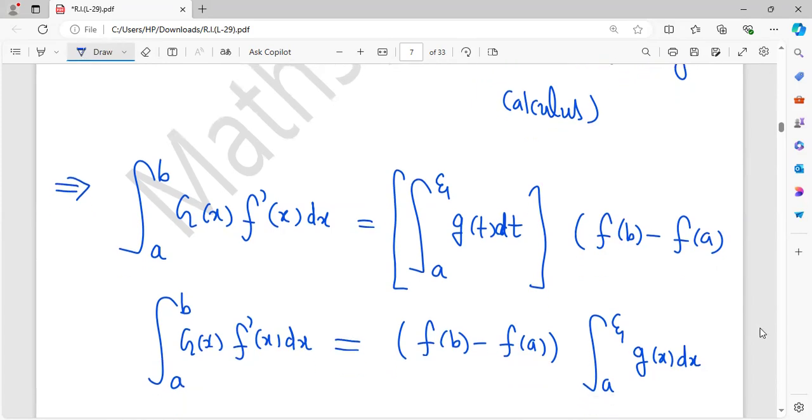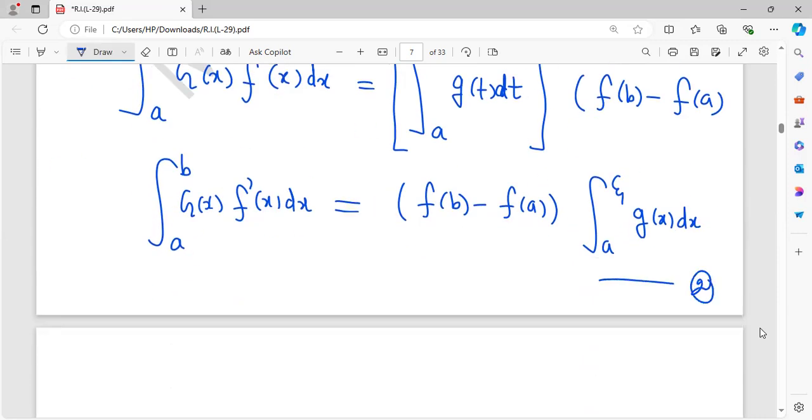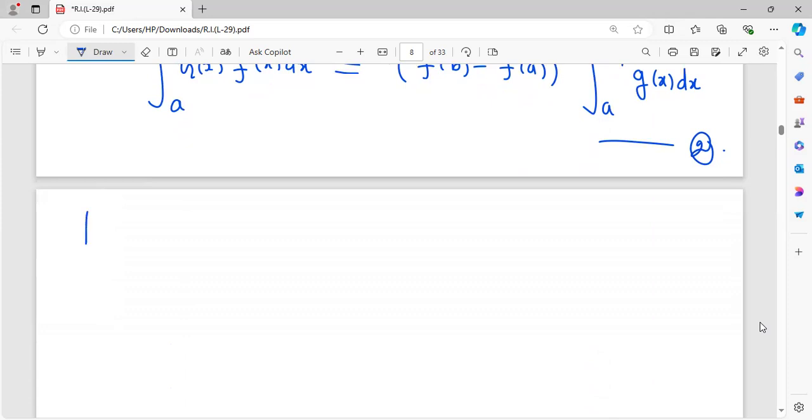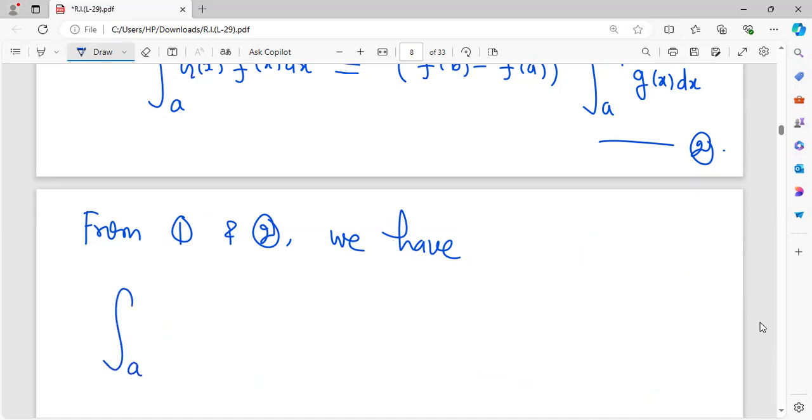Okay. So from 1 and 2, we have integral a to b f x g x dx is equal to, what was this? This was f b G b.